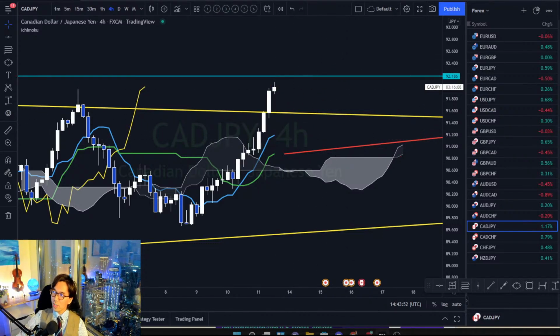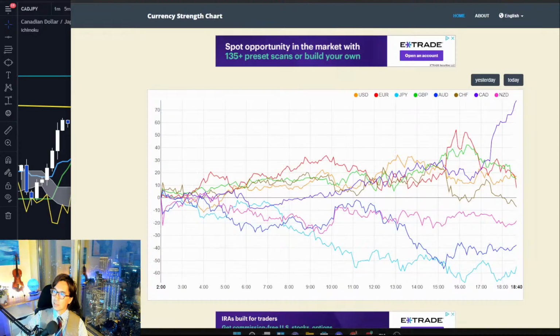Because this strength chart is not a technical indicator. It simply shows the relative currency strengths among each currency.